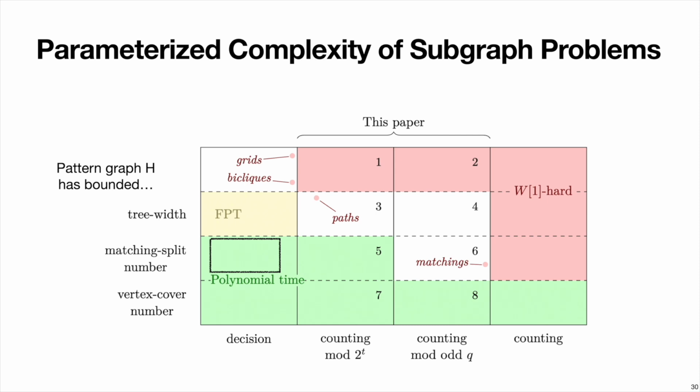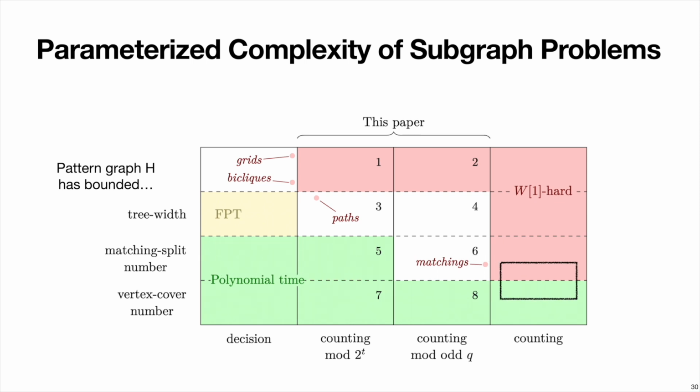If you further restrict from bounded tree width down to bounded matching split number, then it was recently shown, and we build on this paper a lot, by Jansen and Marx, that there is a polynomial time algorithm to decide whether the pattern graph exists as a subgraph.